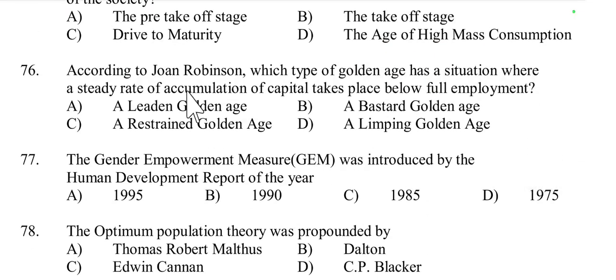Question number 76, according to Joan Robinson, which type of golden age has a situation where a steady rate of accumulation of capital takes place below full employment? A leaden golden age, bastard golden age, restrained golden age, or limping golden age? That is option B, bastard golden age, because this age has growth but with unemployment, not achieving full employment.